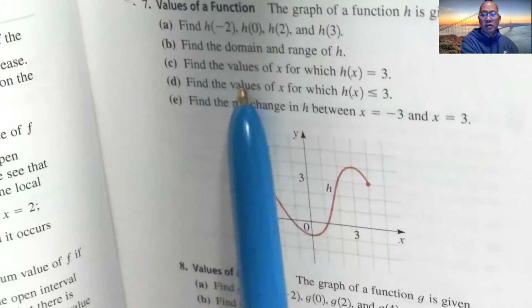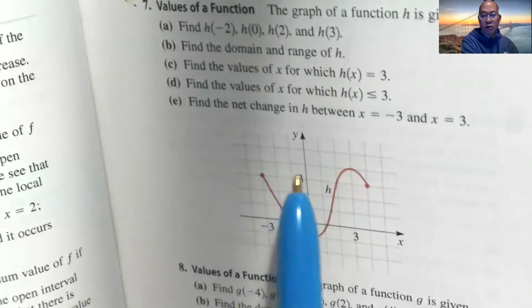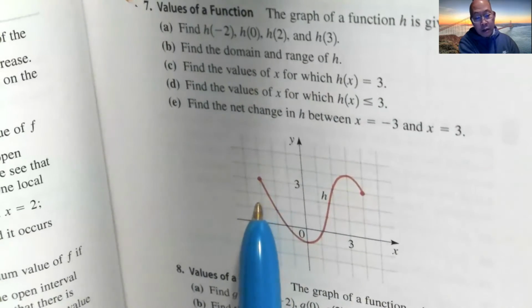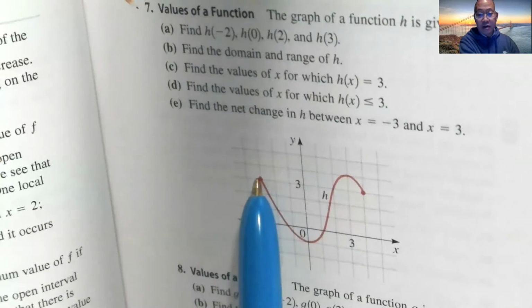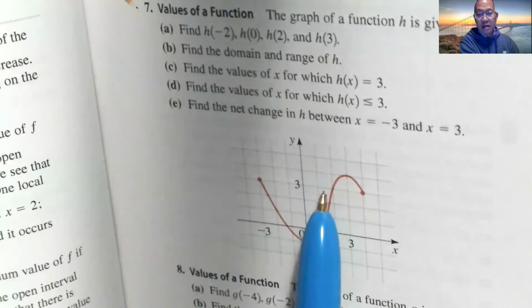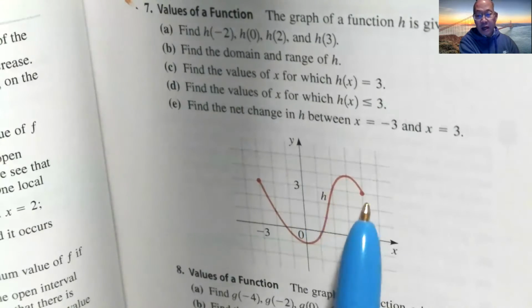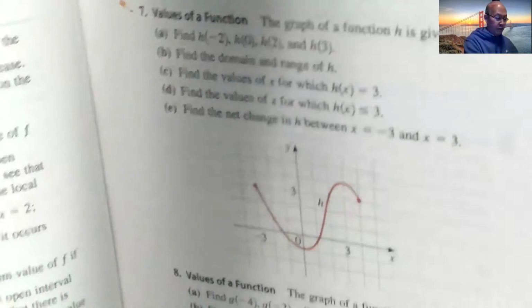So you find the values for which h of x is equal to 3. So where's the y value 3? That's here, here, and here. So that's at -3 and at 2 and at 4. So we have another one at 4.